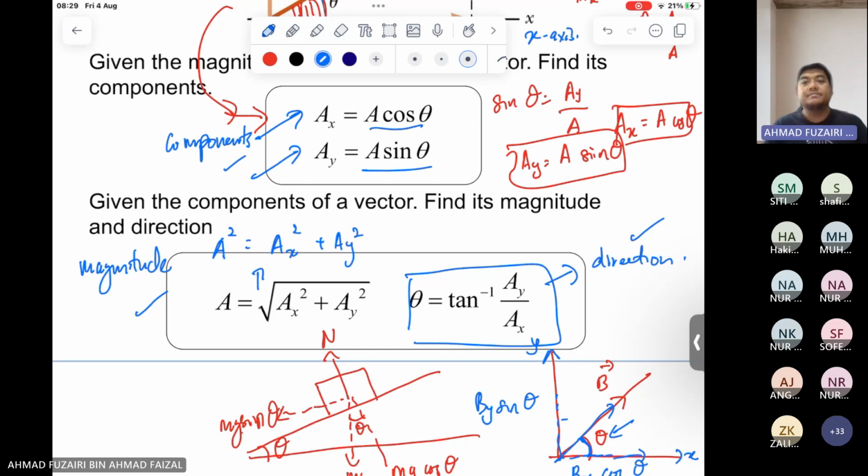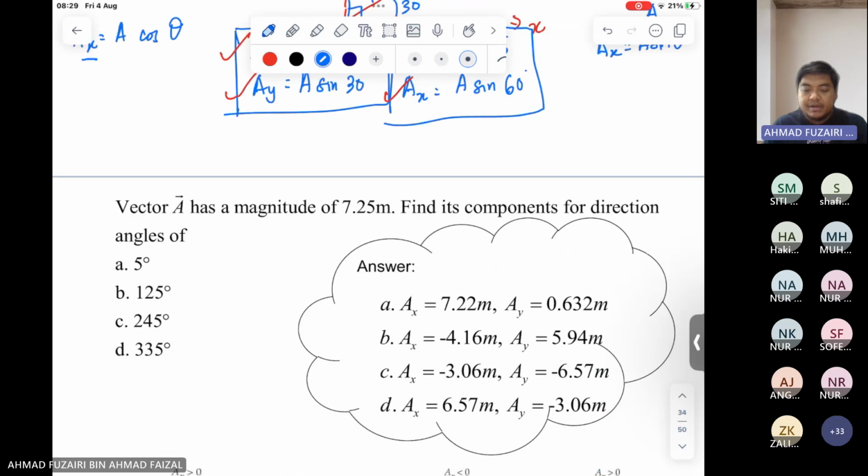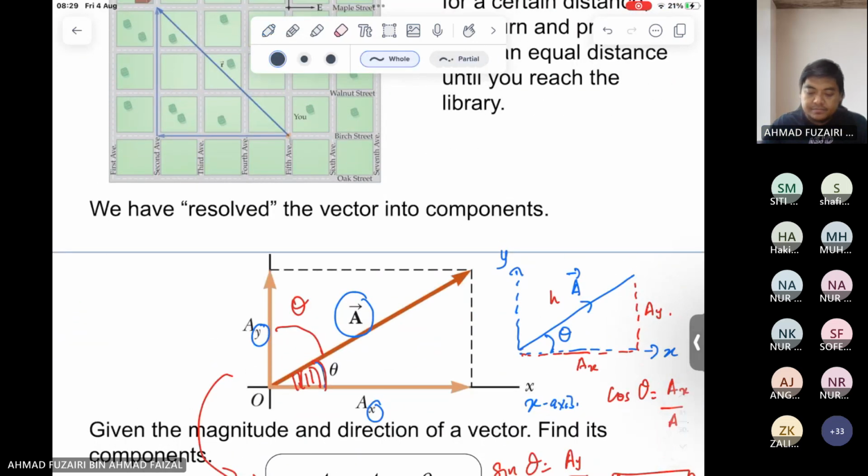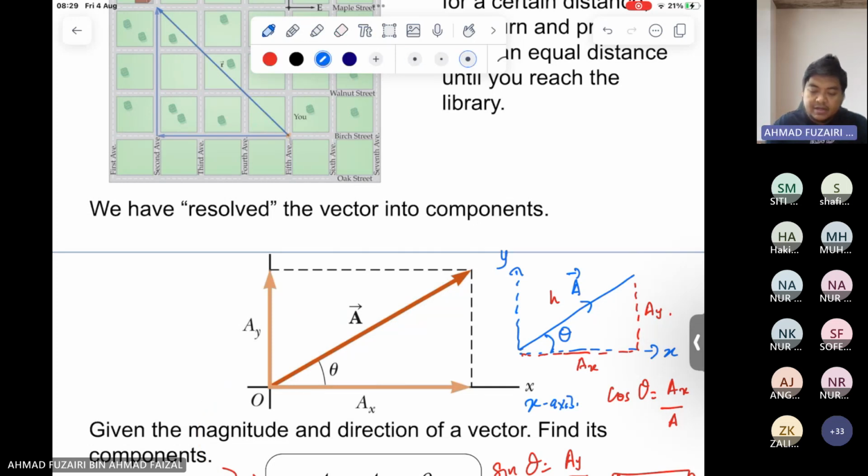Familiar tak dengan ini? Dan again, kita berbalik semula kepada situasi ini. Tengok asal dia mesti datang daripada apa? Mesti datang daripada Pythagoras theorem.